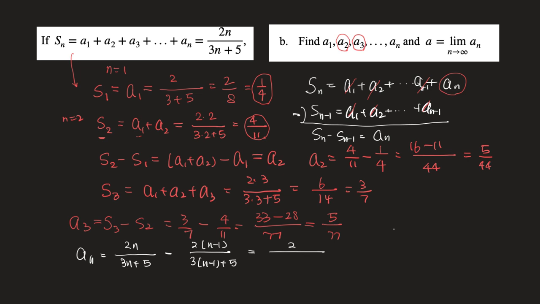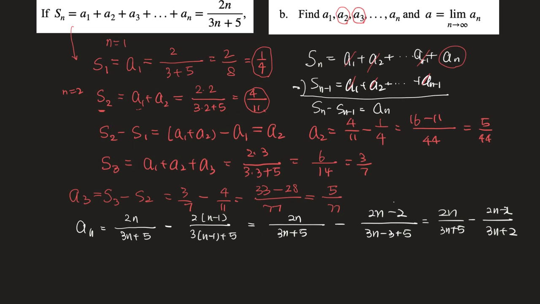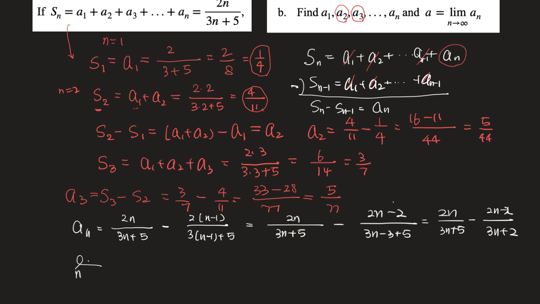So let's do this one: 2n over 3n plus 5 minus 2n minus 2 over 3n plus 2. That's the an term. We want to find the limit of this one, the limit of an.